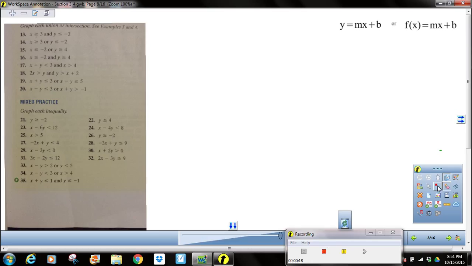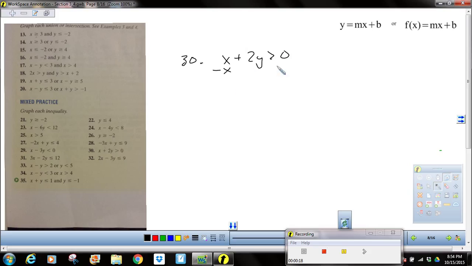Number 30. It is not in slope-intercept form. I'll have to solve for y. Write the negative x term first. Okay, and I need to divide by 2. Now, I'm dividing by a positive 2, so don't reverse the sign. Some people think because this over here is negative, they'll reverse the sign, but it's really all about what the divisor is, the number on the bottom.